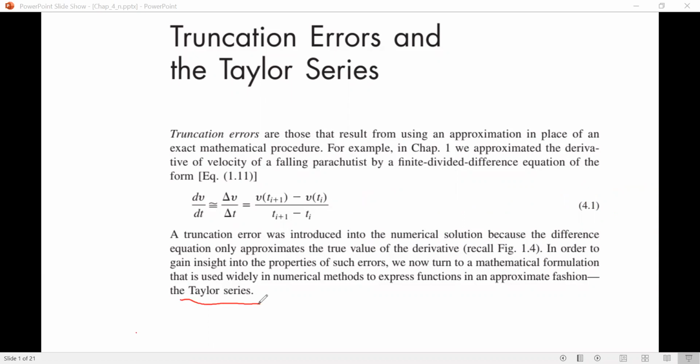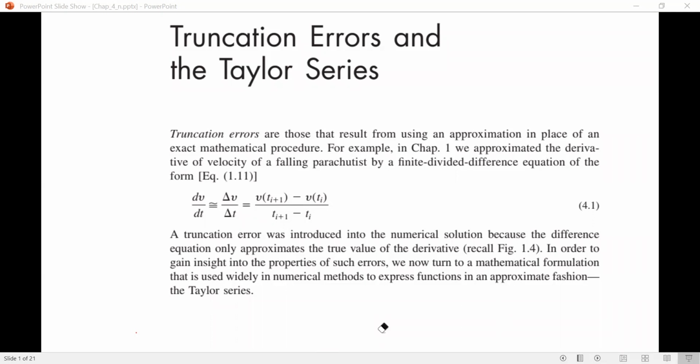The Taylor series is a converging mathematical series by which you can approximate a function at a particular point of the independent variable by using the value of the function at another value of the independent variable.